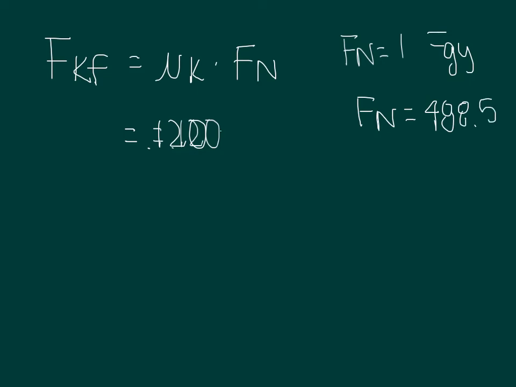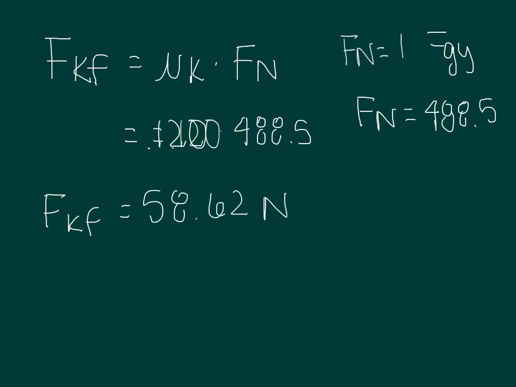So we can plug that into our equation and get the force of kinetic friction, which is going to equal 58.62 newtons. Just note that the normal force equals the force of gravity in the y direction from doing our net force in the y.